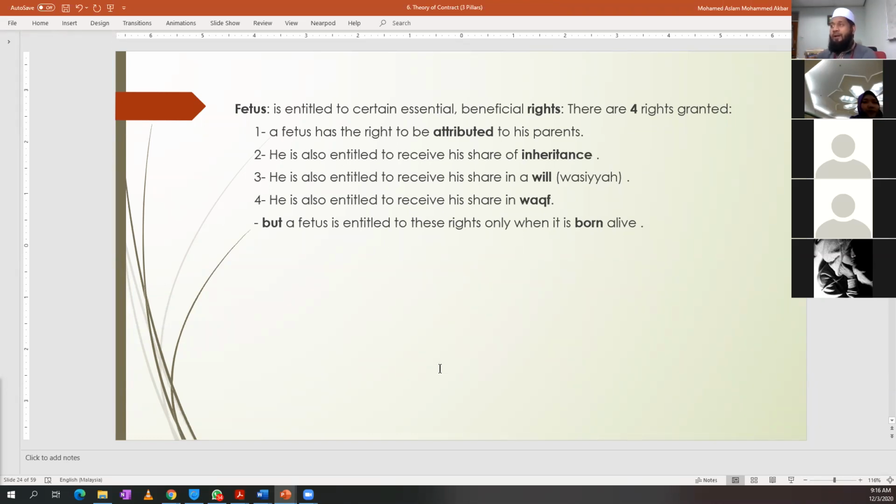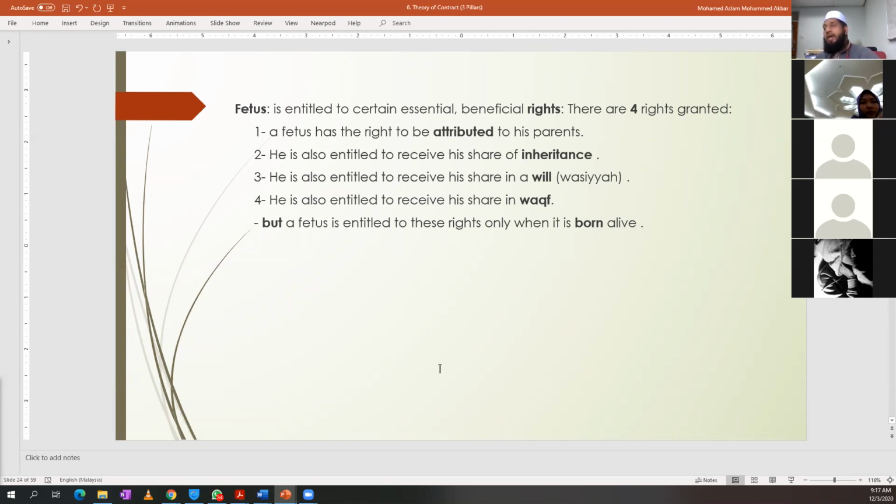Number one, a fetus has the right to be attributed to his parent, right? And then it will share the inheritance, and then it will share a will. Maybe a grandfather may say that whatever is inside the womb, whether boy or girl, I'm writing this property on this baby, as a fetus. It is possible. Someone can do the wasiyah, can write a will.